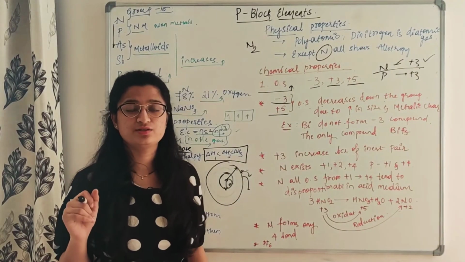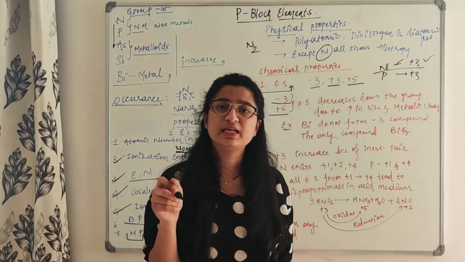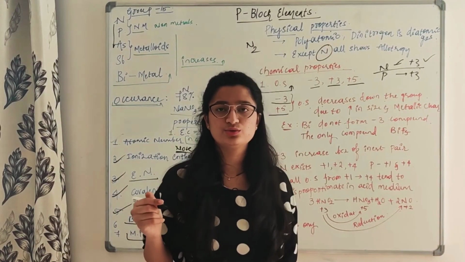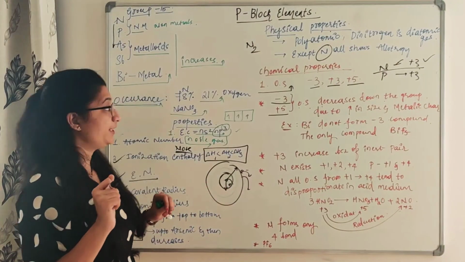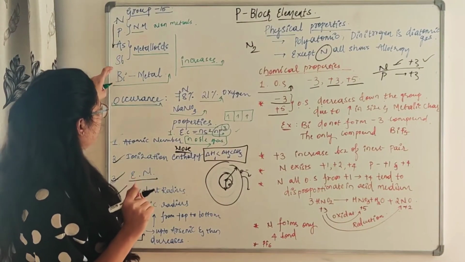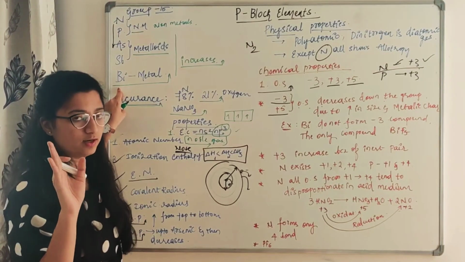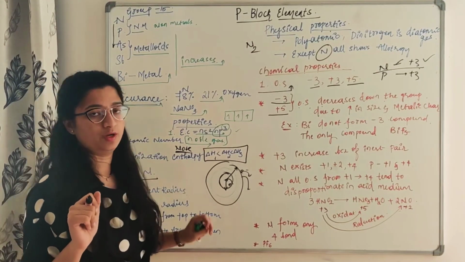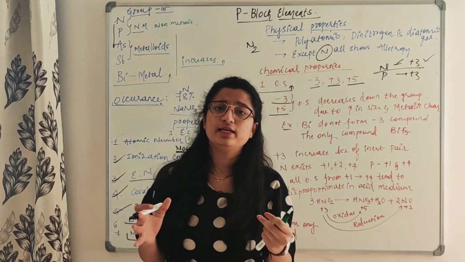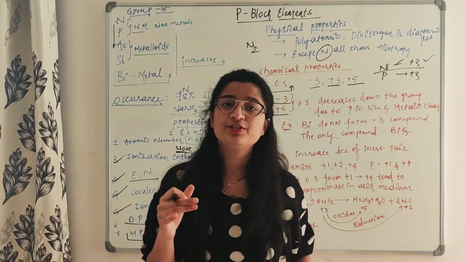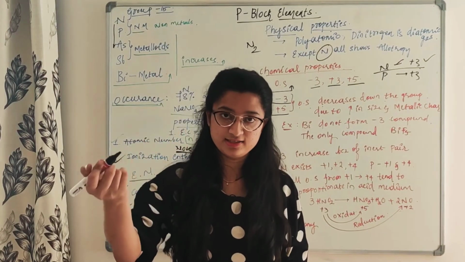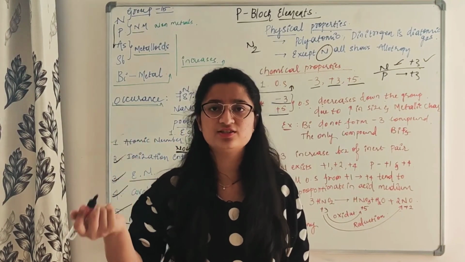Now the question arises: how is the metallic character influencing the oxidation state? Simple, the metallic character increases down the group. When do you call an element a metal? Metals are those which give up electrons very easily. That means they are electropositive in nature.